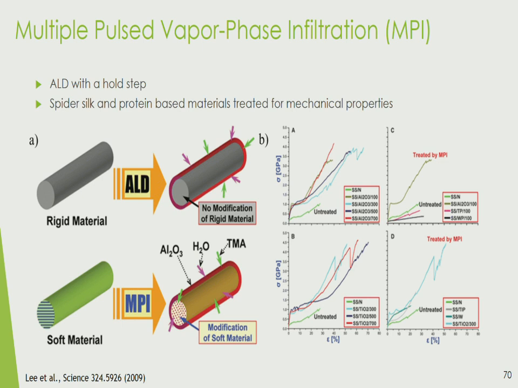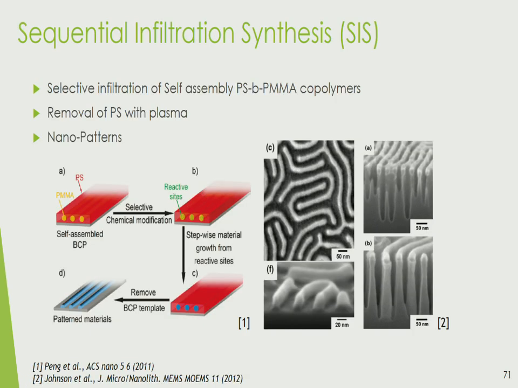Of course, Meidonez created a process way back, multi-pulse vapor infiltration. They've worked on a lot of biological materials and on understanding the hybrid structures that result. This was actually on spider silk, into which they deposited aluminum oxide and TiO2, and found some very interesting mechanical properties.